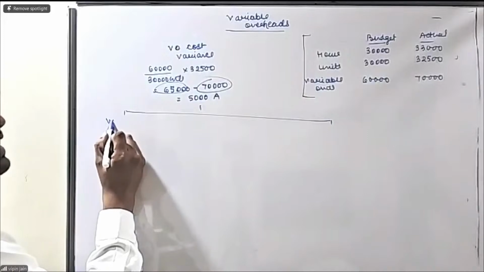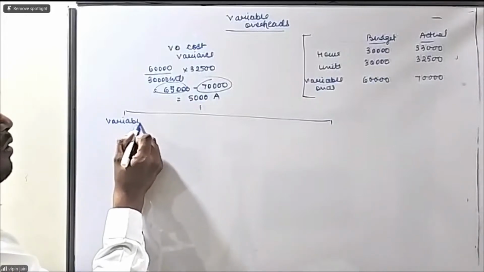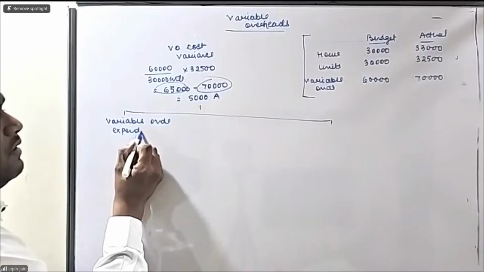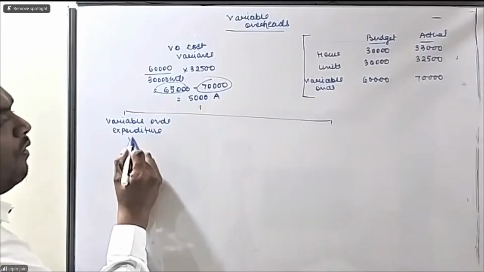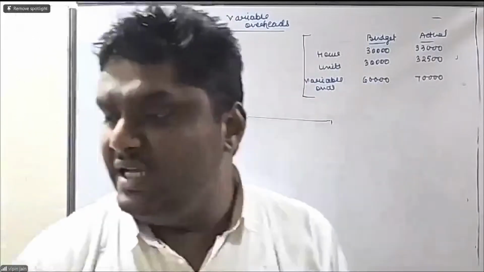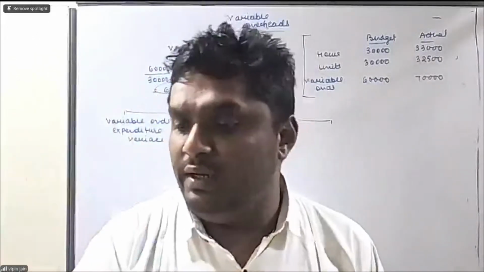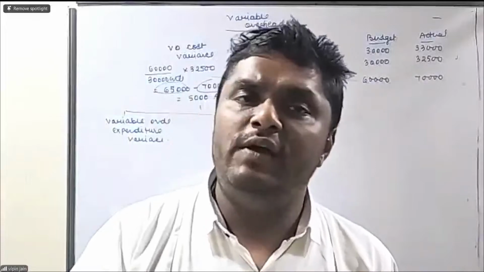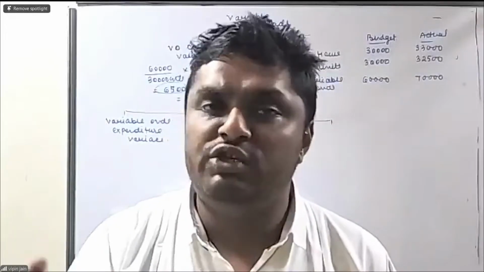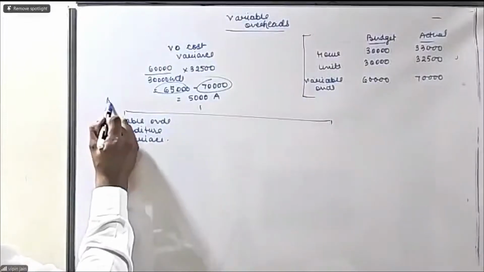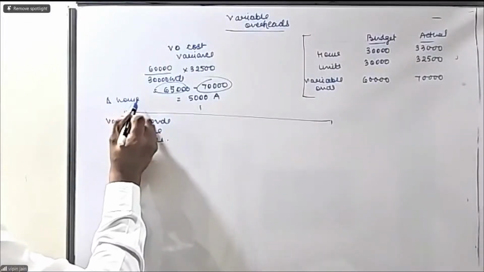Now next is variable overhead expenditure variance. See, fixed overhead expenditure variance we calculated straight away, because fixed overhead remains constant at all levels of production. But when talking about variable overhead expenditure variance, we have to consider the hours also.